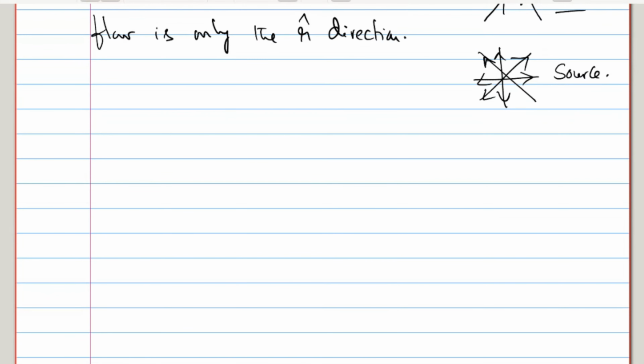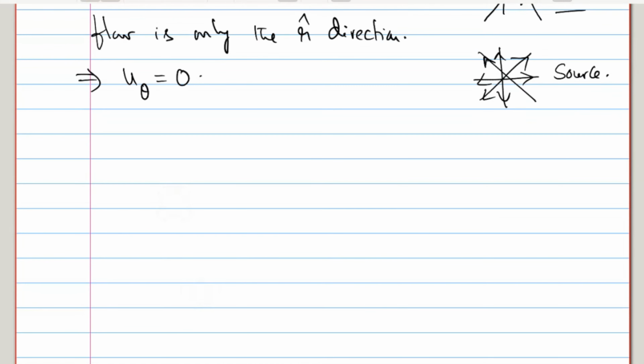What is the meaning of this? Flow is only in the R direction means what? The theta cap coefficient should be 0, no? That U theta is 0, right? The theta component of the flow is 0.